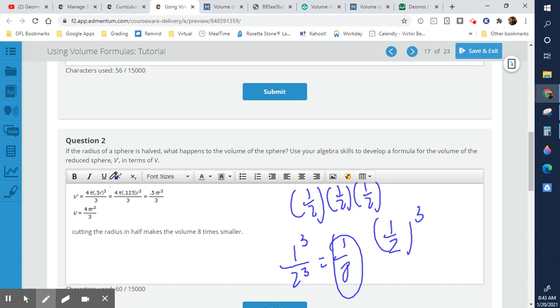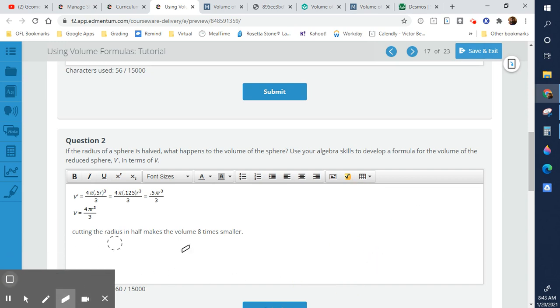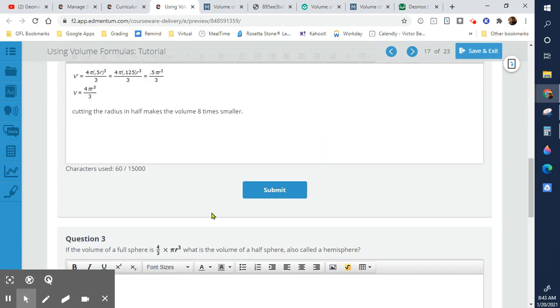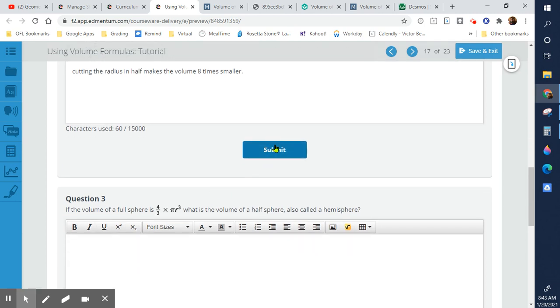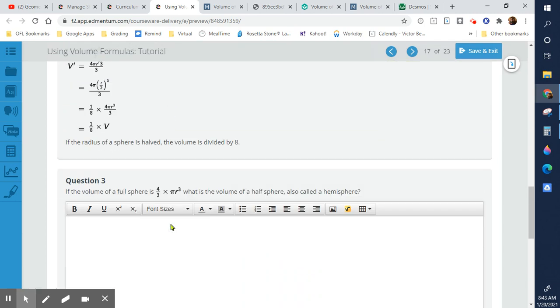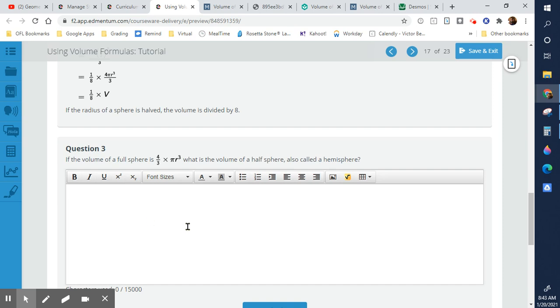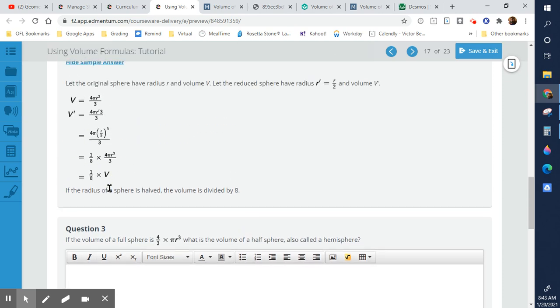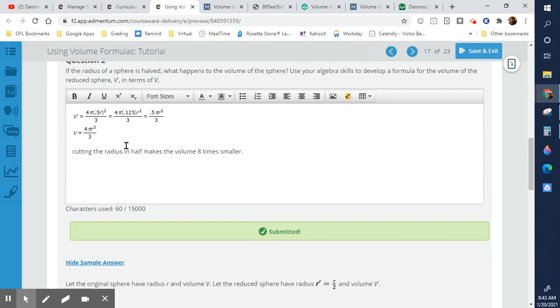It honestly probably made it a little more complicated doing it with decimals, but you can see why it's 1/8. Cutting it in half makes it, after we cube it, 1/8 bigger. So what we're going to do here, and we could have said it equal to each other, I personally just like comparing it to the original formula.